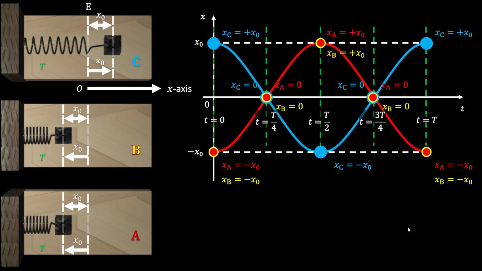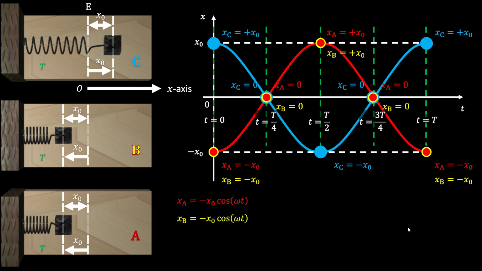For body A and body B, the variation of the displacement from O with time is given by the equations xA equals minus x naught cos omega t and xB equals minus x naught cos omega t. Since we obtain the same curve for A and B, this means xA will always be equal to xB at all values of time t. So we say they are oscillating in phase.